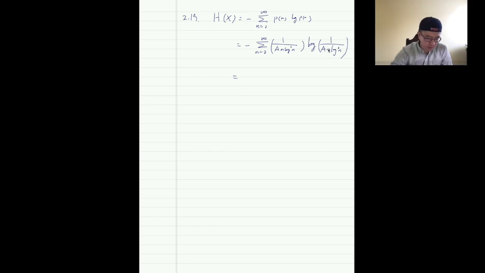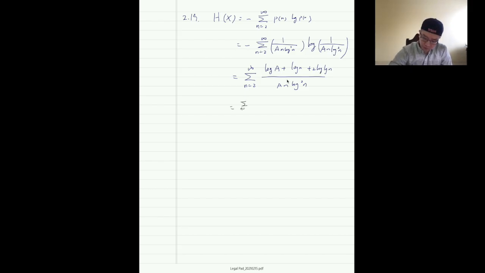Since log turns a product into a sum, we can break this into a few terms. We put the negative sign inside the log, and then we can write this log as a summation of three terms: one term is log A, the second term is log n, and the last term is 2 times log log n. So we break this into three terms.